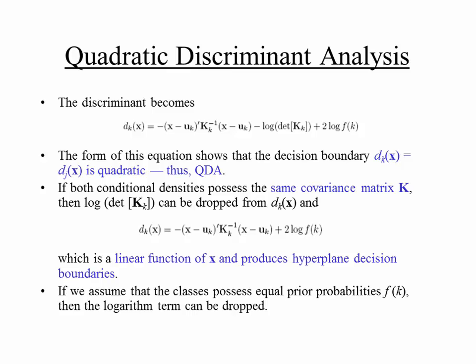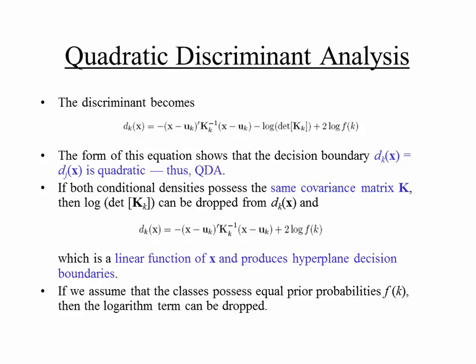Now, if both the conditional densities possess the same covariance matrix K, then it's not going to be quadratic anymore. Because if you look at the discriminant on each side, Kk equals Kj, right? So the x transpose Kk inverse x and the x transpose Kj inverse x terms on both sides will cancel out. So it's going to become a linear decision boundary. Actually, it'll be affine, because you will have this variable here.